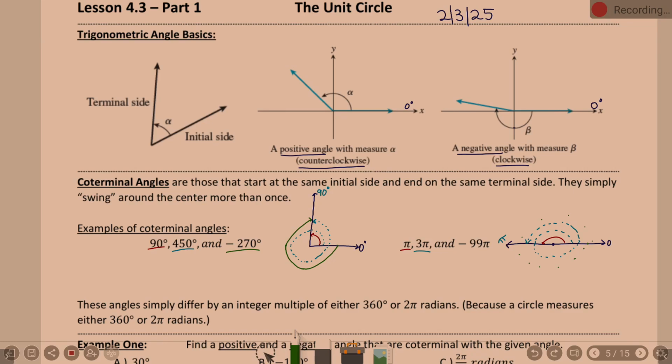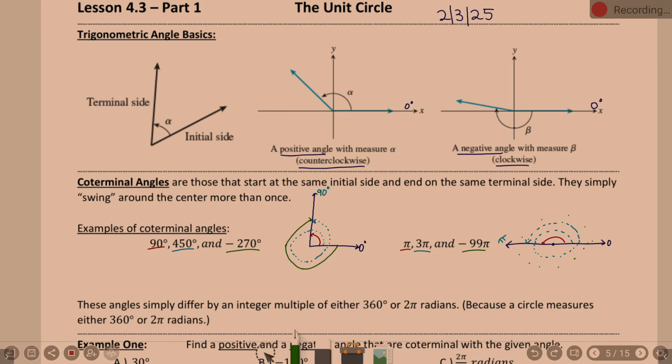So is negative 99 pi going to make sense? Yeah, because halfway around the circle is 1 pi, and so each time you're going to hit your odds over here on the left. You can also think of it going in the positive direction. It'd work out the same way. You'd have odds on the left, evens on the right.